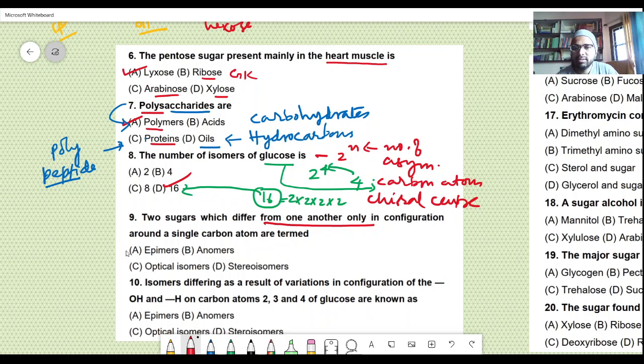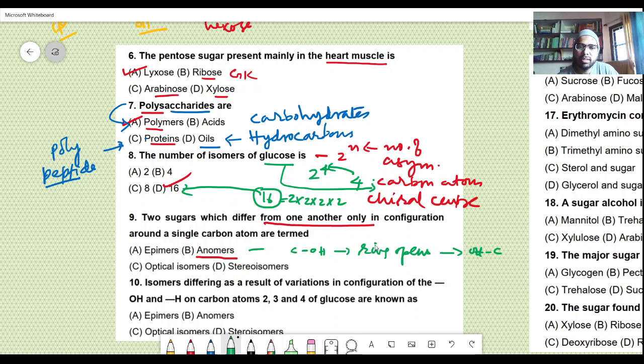I think we have seen the anomers in the previous session. In the anomers, you have CHO on the right side. What happens is, during the treatment, the ring opens, and then you get OHC, something like this.